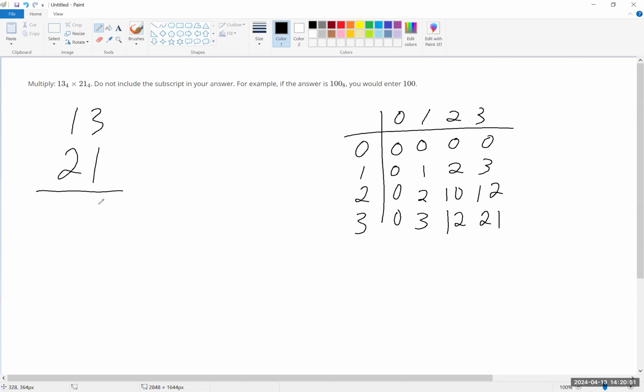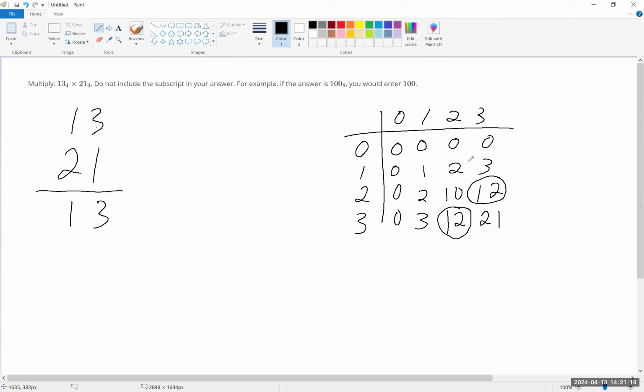So then 3 times 1 is 3, 1 times 1 is 1. 3 times 2 is 6, except 6 is what we get in base 10. We see over here when we multiply 3 by 2, we get 12 in base 4.